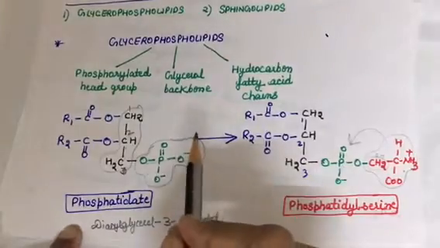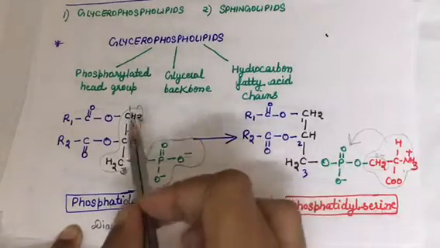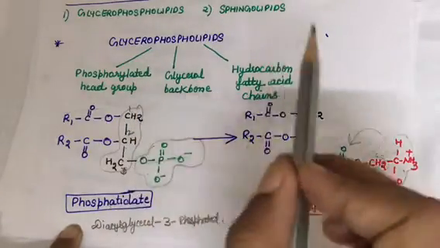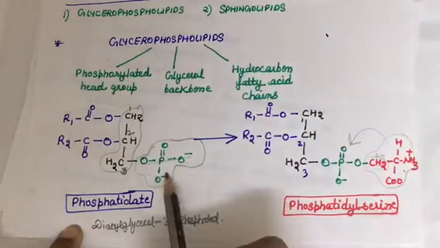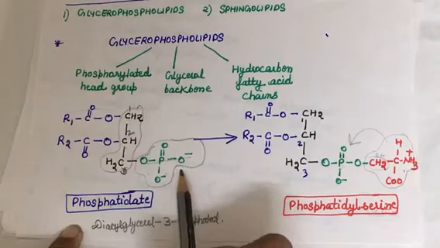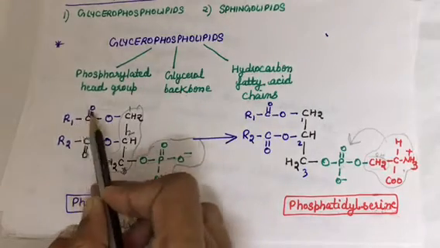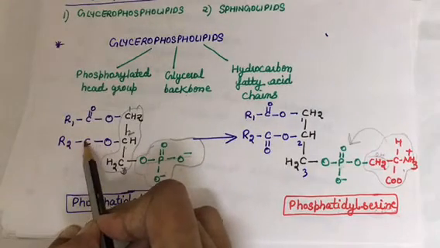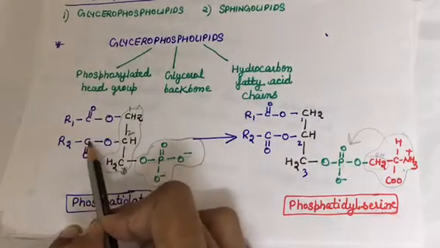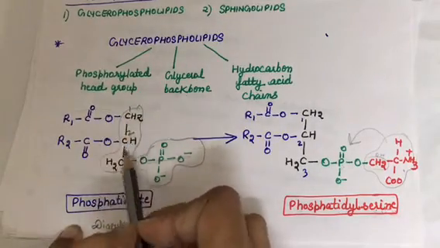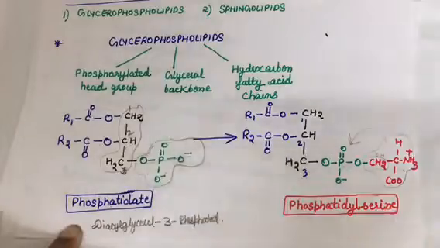Moreover, triglycerides are not amphipathic in nature, whereas phosphoglycerides are amphipathic. So this phosphate group is a negatively charged, polar end, which is hydrophilic. Fatty acid chains are uncharged, non-polar tails, which are hydrophobic. And this glycerol is also hydrophilic.